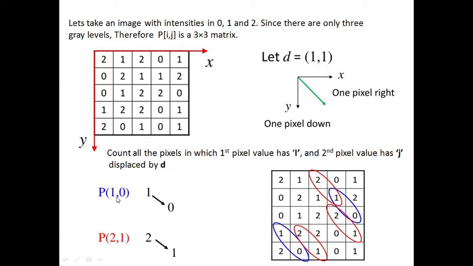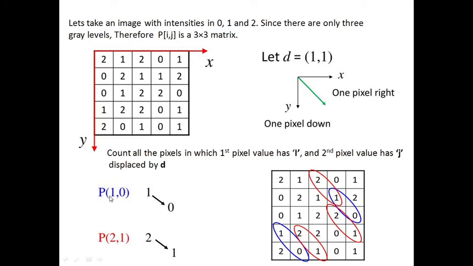So P of 1, 0 means the first pixel is 1 and the second pixel is 0. How are they displaced by orientation? The orientation is diagonal, with 1 unit distance as given here. Let me take D as 1 unit, city block distance.